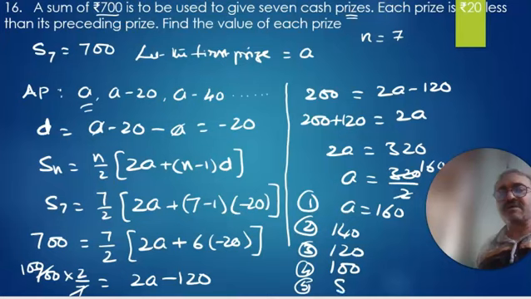Fifth one 100 minus 20, 80. And sixth one 80 minus 20, 60. And seventh prize 60 minus 20, 40. These are the prizes. First prize is 160, 140, second, third, fourth, fifth, sixth and seventh.